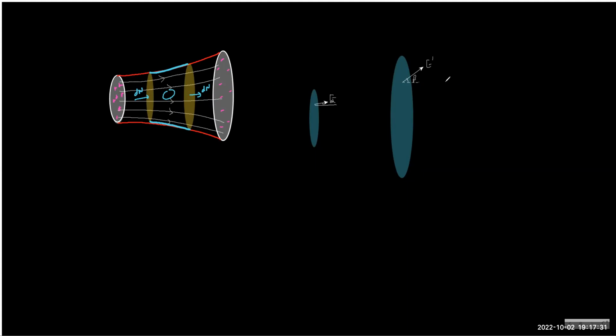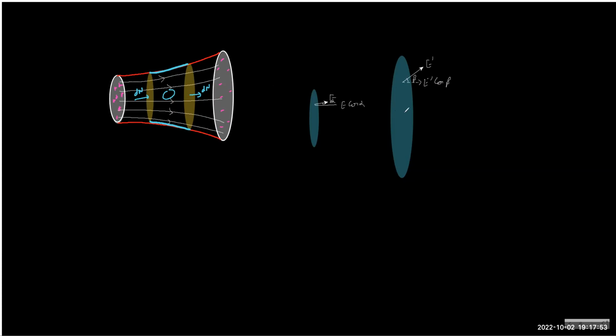In fact, this field is weaker because as the lines of force flare away or spread out, the field becomes weaker, right? Now, the one which is responsible for the drift is the component along the flow, which is E dash cos beta. And here we have E cos alpha.